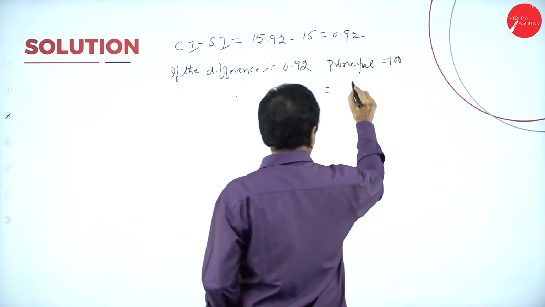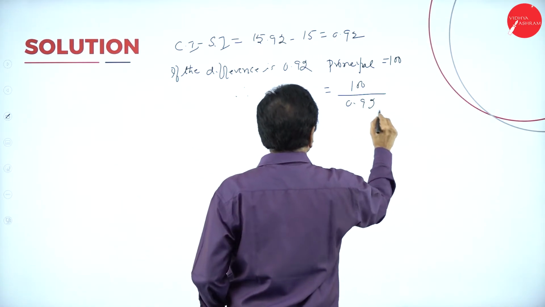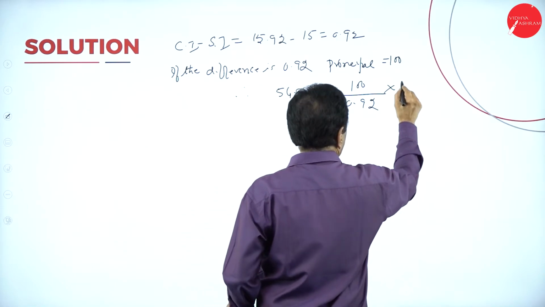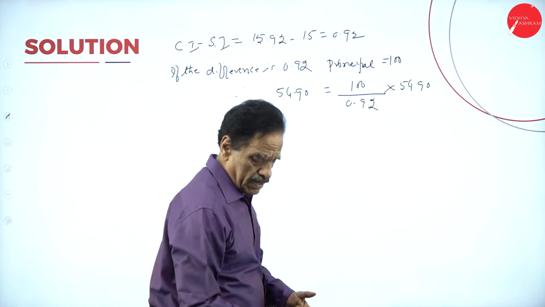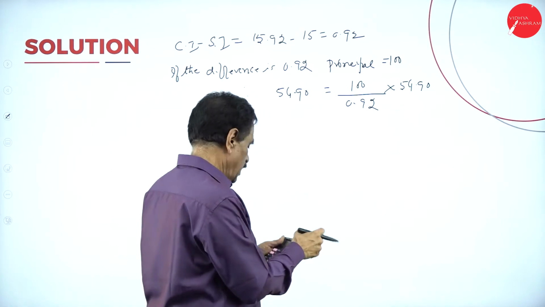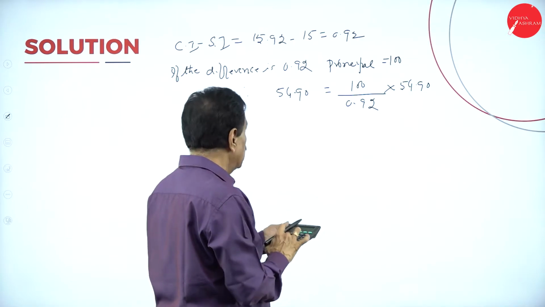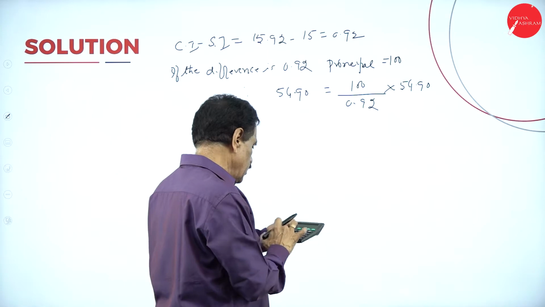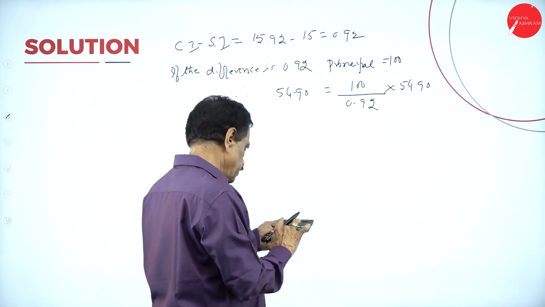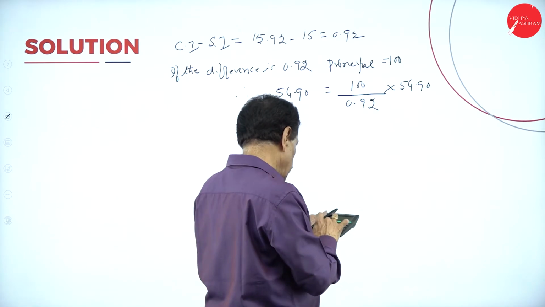So the principal is equal to 100 divided by 0.92 into 54.90, that is, 100 into 54.90 divided by 0.92.